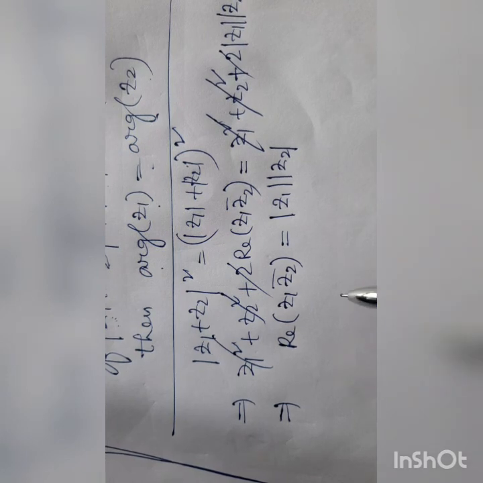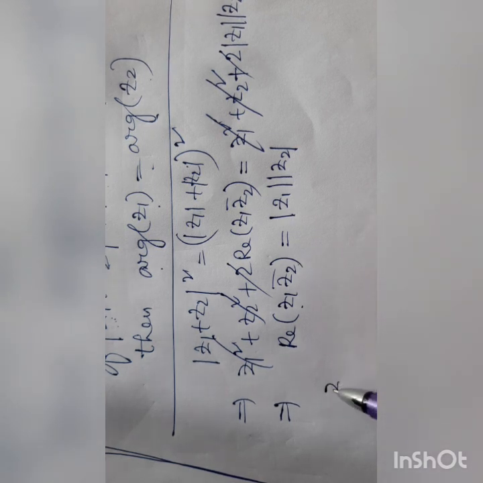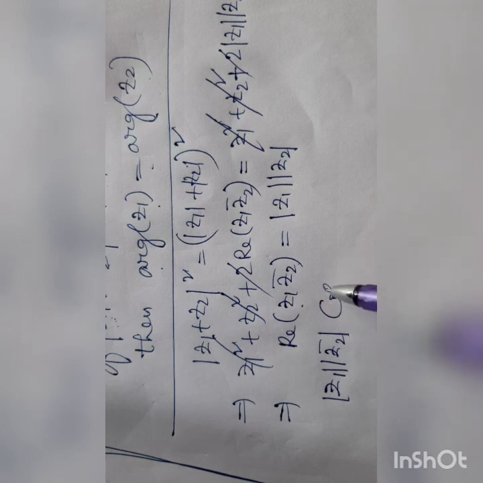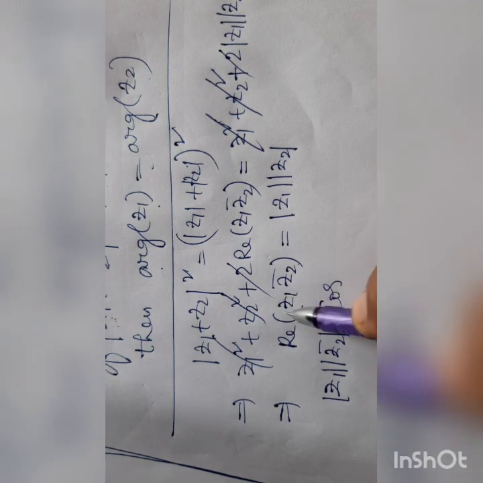Now you have to understand one thing. What is the real part? If you take polar form, it will be easy for you. What is the polar form? R cos theta. Here Z1 Z2 bar is there, no? So R means modulus Z1 modulus Z2 bar. And cos of what is the amplitude?